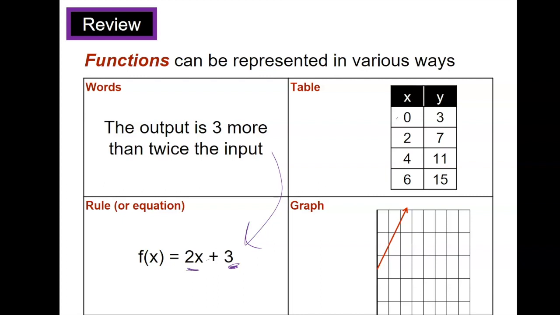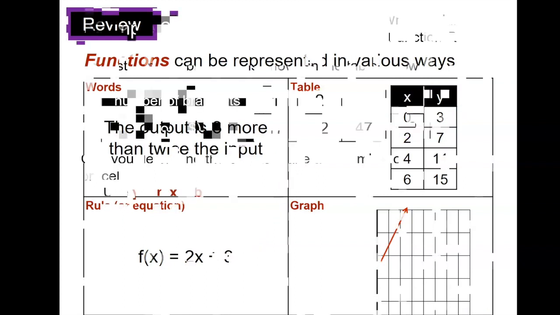And then you would graph it. Now my graph is a little messed up, but when you graph it, you can see that it starts at 0 and 3. The y-intercept is 3 because x is 0. So just relating all of those pieces together.